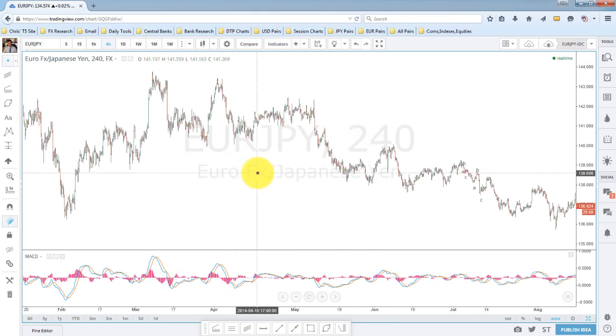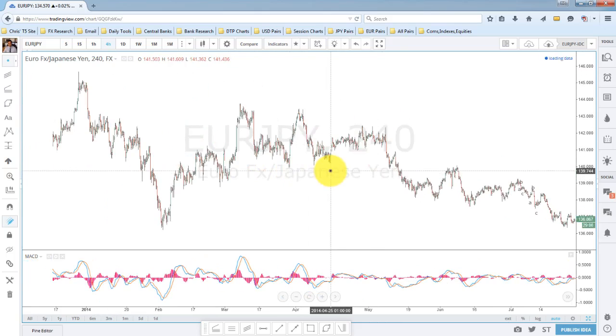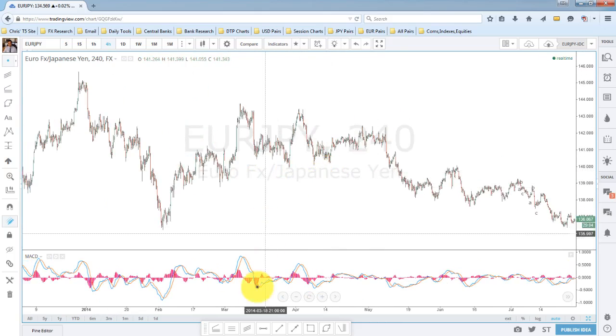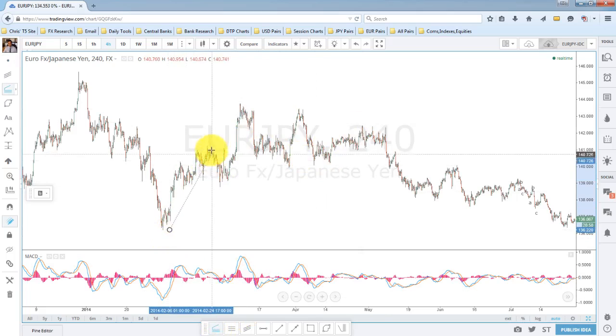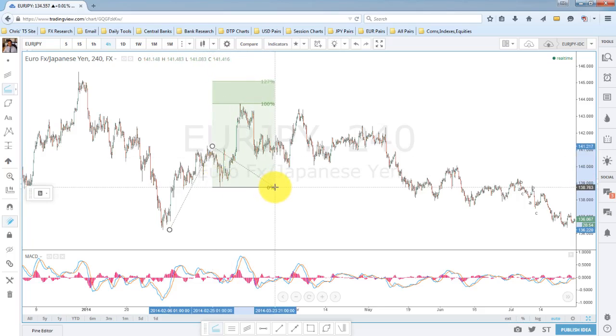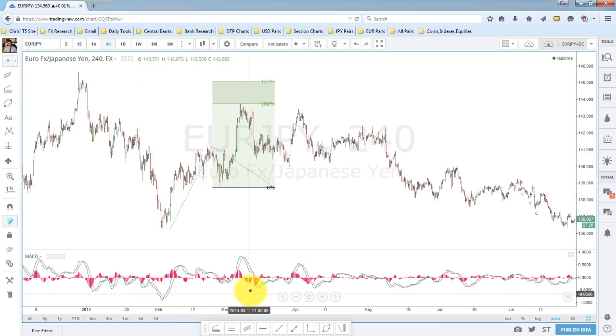Now I'm actually just going to back out of this chart a little bit, so you can get a bigger picture of seeing the cycles. I'm just going to do some measurements here. We're going to measure this from the low, pull this up to our high here, and pull it back. And what about that? Equal legs, 100% of that cycle. How about right here?